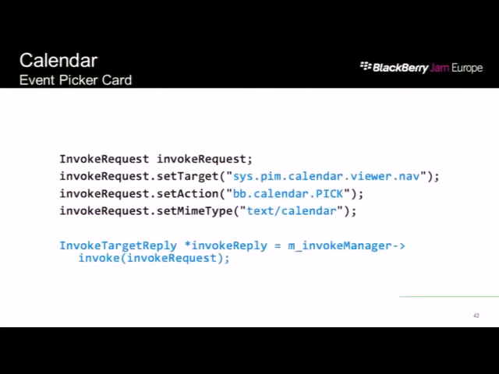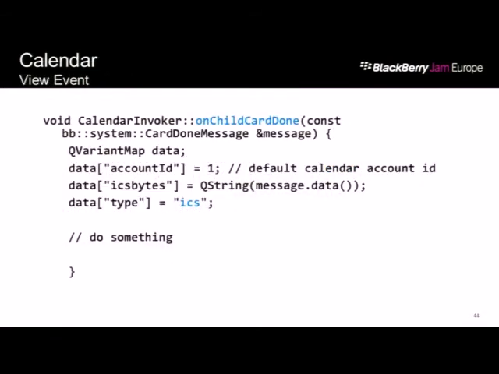So this is how you would do it. You define an invoke request, you define the target, you define the action, and this time it's just a pick. I would like to show the calendar UI, let the user pick an appointment, and process the data out of that. Once this is done, you call the invoke method, and then you get the calendar displayed within your UI.